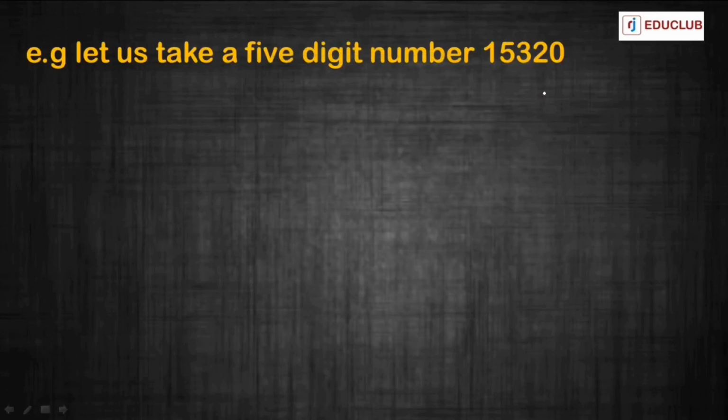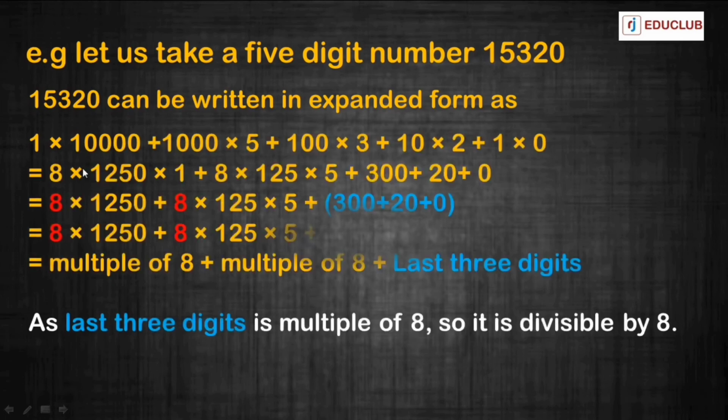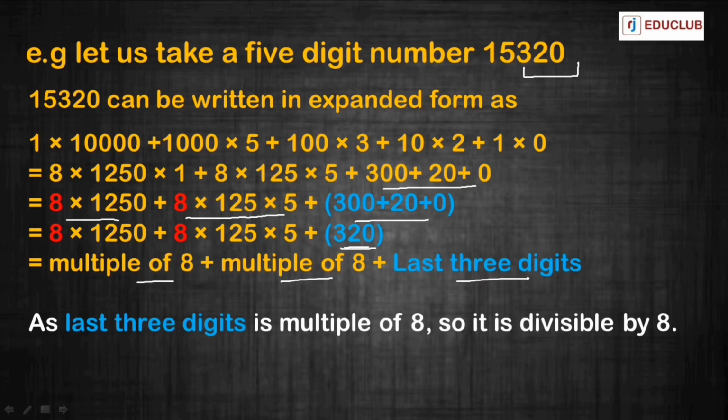Now let us take a 5-digit number, 15320. It can be written as 1 into 10,000, 1 at the 10,000 place, then 5 at the 1000 place, then 3 at the 100 place, 2 at the tens place, and 0 at the ones place. So we can write it like this. This is a multiple of it, this term is also a multiple of it, and the remaining numbers together, 300 plus 20 plus 0, become 320. This is basically the last 3 digits of this number.